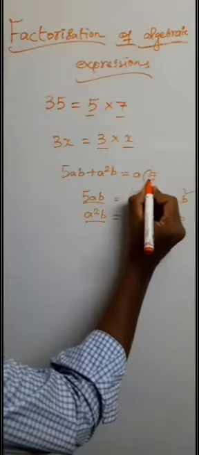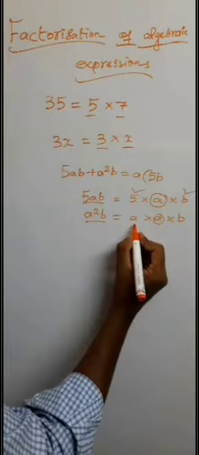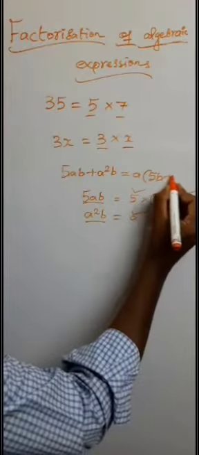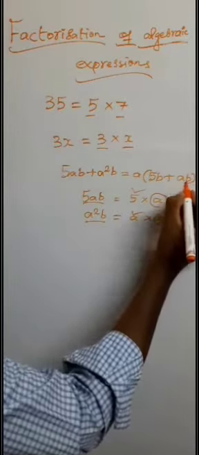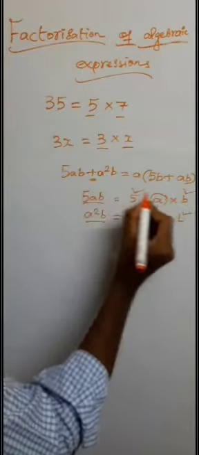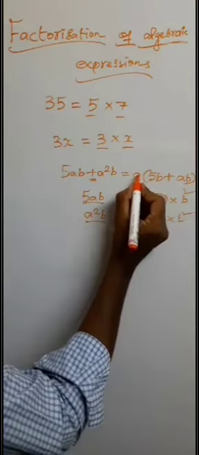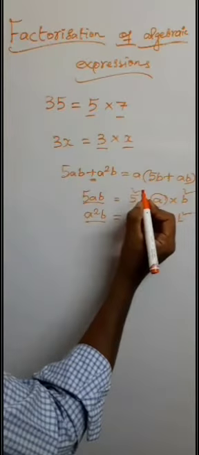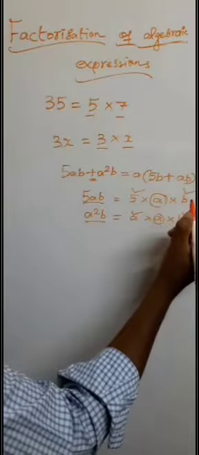So write 5b. In second term we have a and b. So write ab. In between both terms we have plus. So put plus here. So factors are a and 5b plus ab.